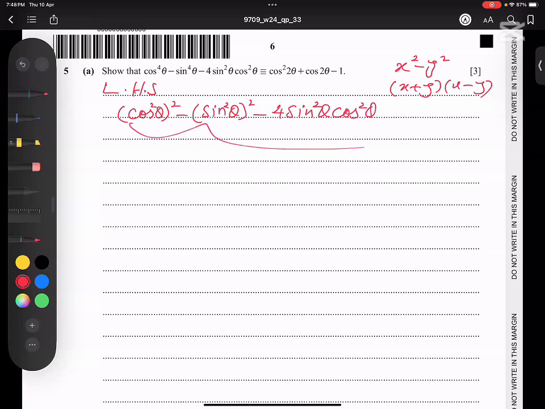Here I can apply this rule. So one time the values in the bracket add up, cos square theta plus sine square theta, and one time add and one time subtract. This is done. Okay, and the positive and negative.